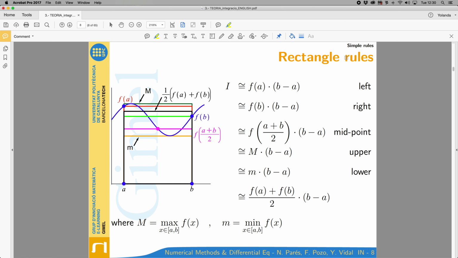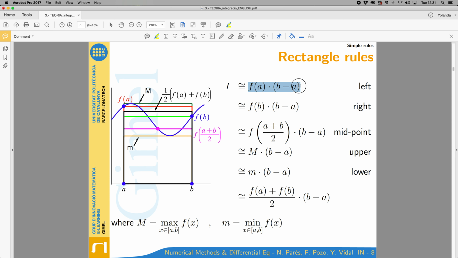Now, the rectangle rule has a lot of variants depending on how I select the height of my rectangle. I could use the value of the function at the left side of the interval, f of a, as the height of the rectangle. So the area is this times the length of the interval, b minus a.